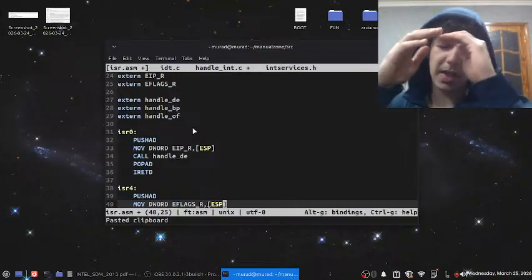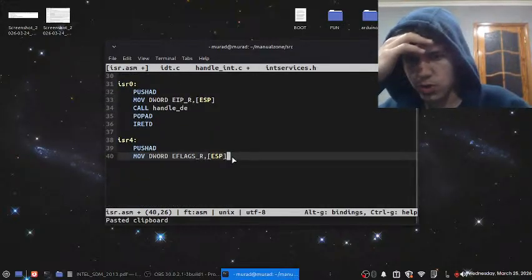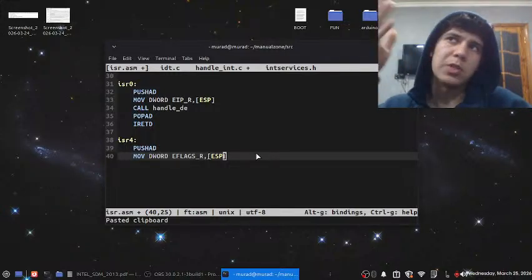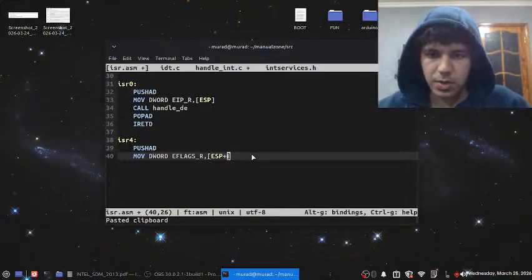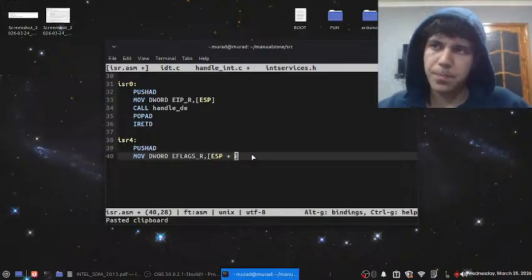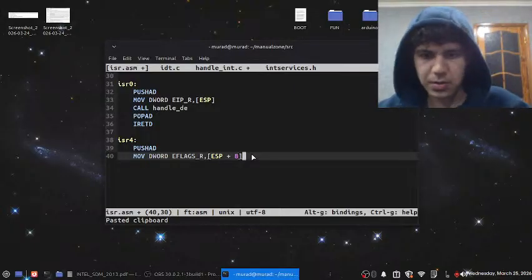So this text currently points to the instruction pointer. Above the instruction pointer, the code segment register is there, and above the code segment, the E flags register. So I will add 4 for code segment and 8.